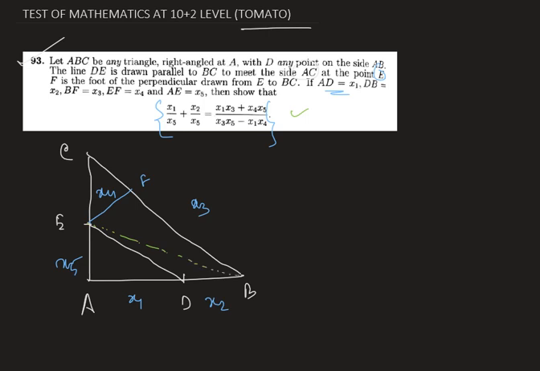Let this angle be denoted by C and this angle be denoted by theta, and this is an angle which is phi. Therefore this must also be phi.